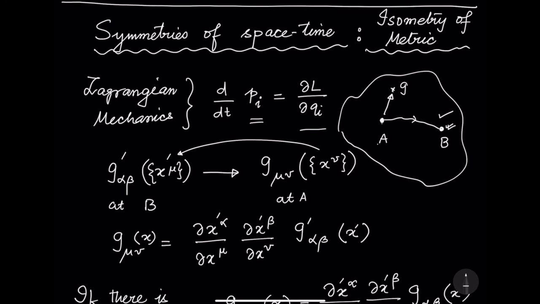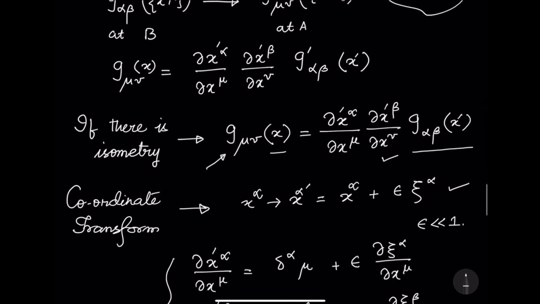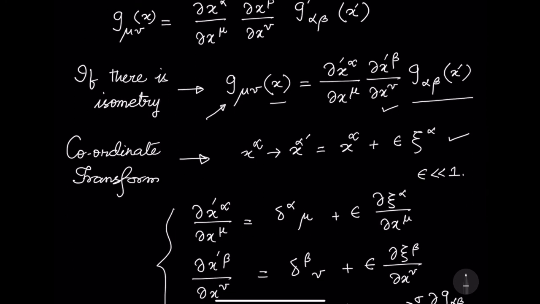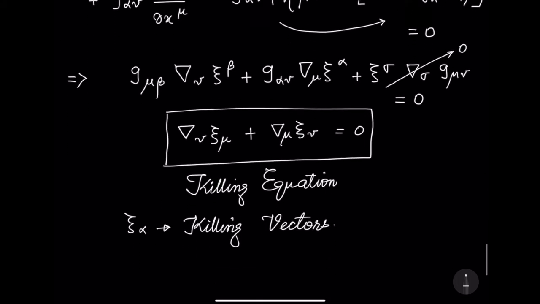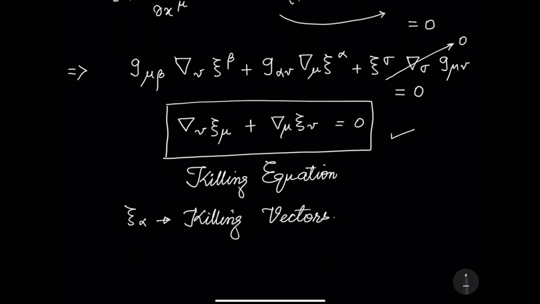Now, the type of transformation we are doing, we write this way, x alpha plus epsilon xi alpha. Now, this xi alpha is the transformation, and that transformation has to satisfy this equation, which we call the Killing equation. For that, there is a symmetry in the metric.